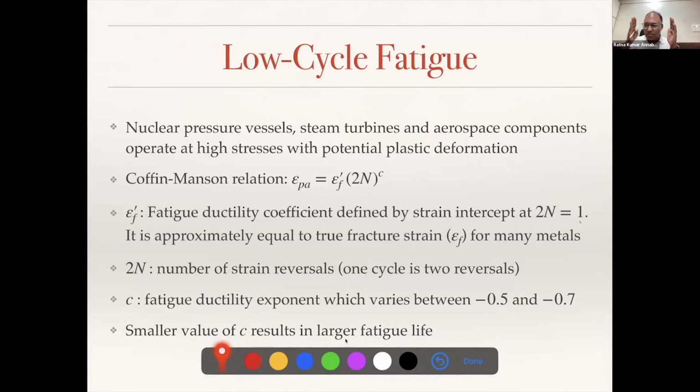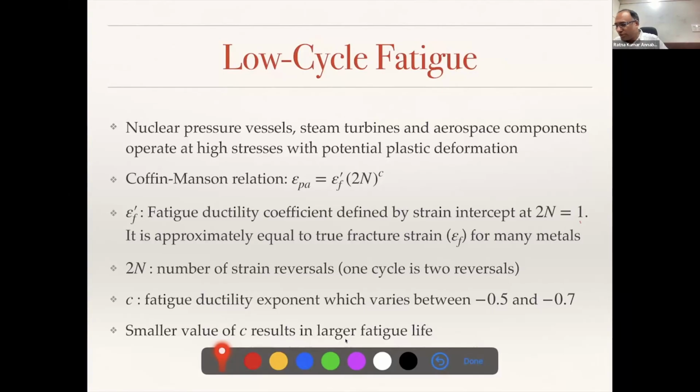And now the question is, how do we assess my fatigue life? If I am operating my component between two strain limits such that the strain range, delta epsilon, is much larger than 2 times epsilon naught, or the corresponding stress range happens to be larger than 2 times sigma y, in those scenarios, you need to be worried.